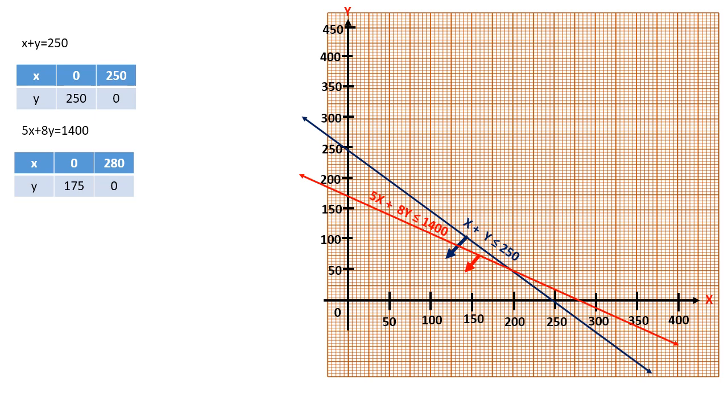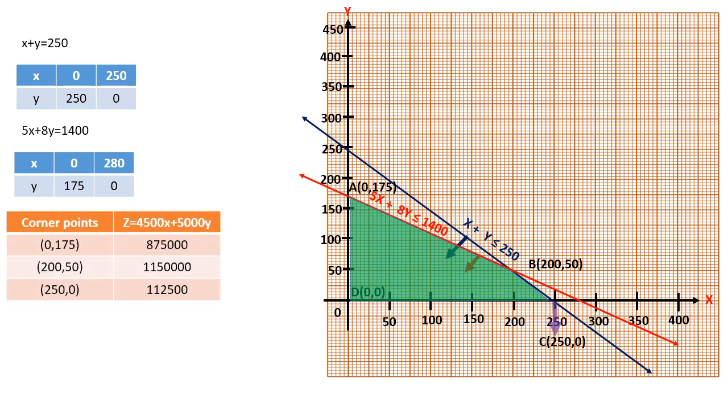Then the common region for all these four inequalities is this portion, and we have to shade it. Corner points we have to mark here: 0, 175, and next there is a common point, that is 200, 50, and the third point is here, 250, 0, and finally the last point 0, 0.